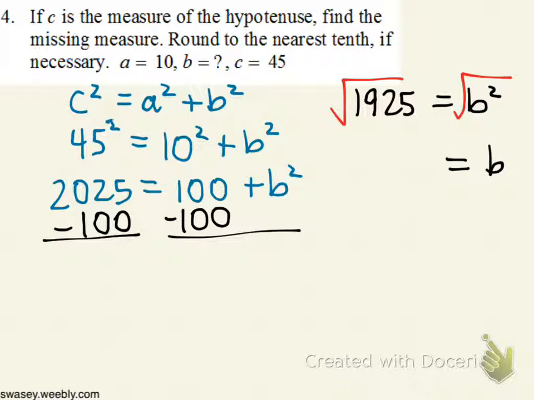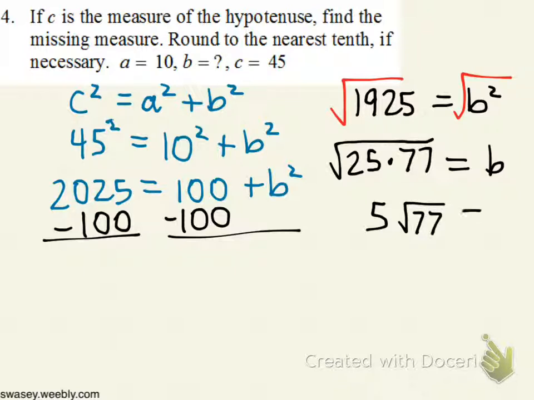Square root of b squared is b, and then this one we can rewrite as 25 times 77. 25 is a perfect square factor, so we get 5 square root 77 as the exact answer, and then we can go to our calculator for a decimal approximation. It says to round to the nearest tenth, so approximately 43.9.